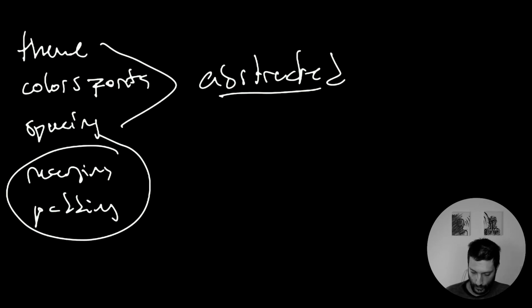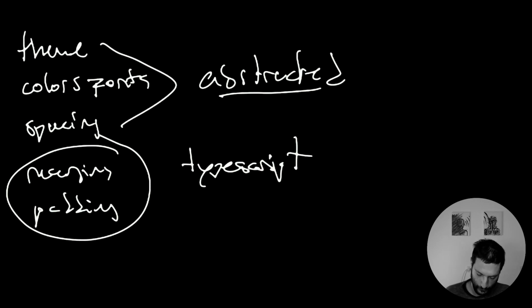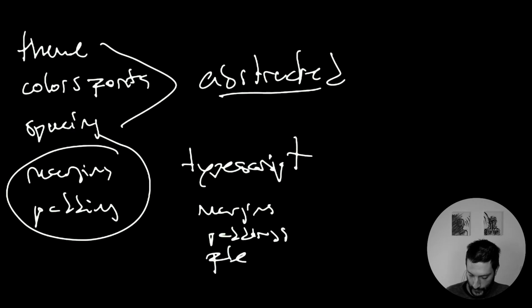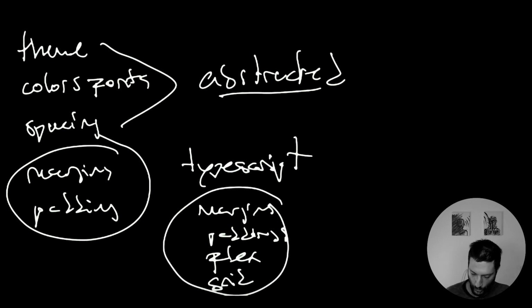But if you go with your solution, then you can leverage TypeScript and the types to make it that, for example, in all your components, you already have some interface that you can pass, and where you only allow tweaking margins, tweaking paddings, tweaking the flex property and the grid property. So all the positioning, right? All the positioning that you need to do in your components, then that's a nice approach.